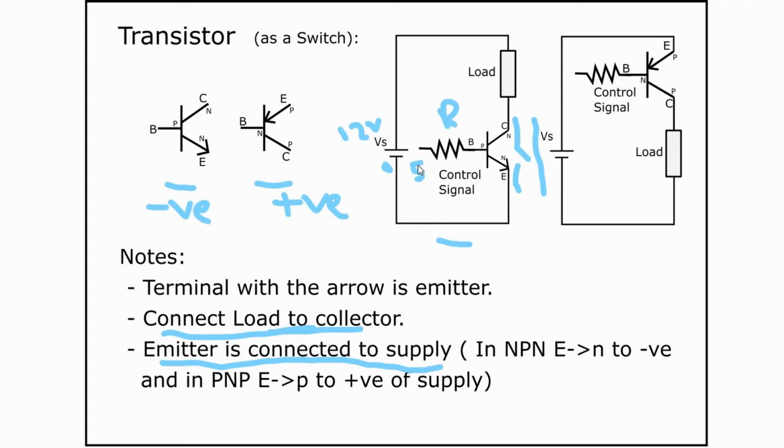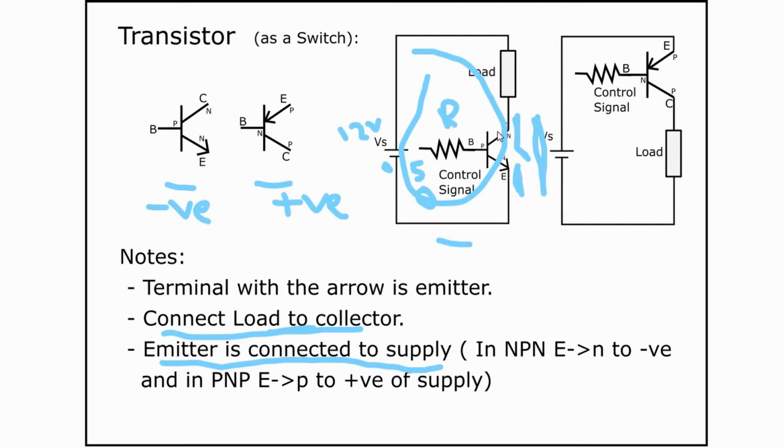Now let's assume I have given 5 volts here. What happens? The base emitter junction gets forward biased, so this transistor will work as a closed switch. So the circuit is complete and the current flows through the load. If we give 0 volts, the base emitter junction is not forward biased, so this will act as an open switch.